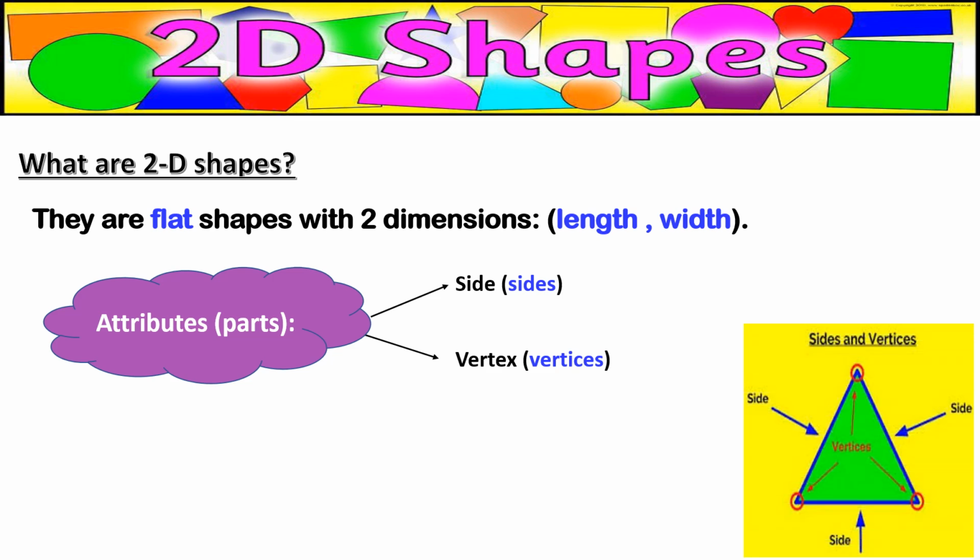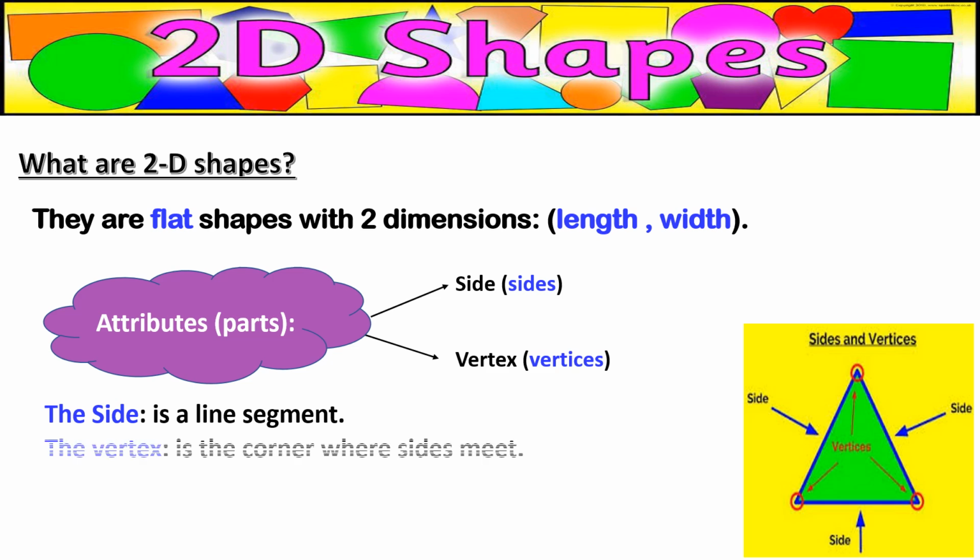Like in this photo, we have a 2D shape with many sides and some vertices. What is the meaning of side? A side is a line segment like this, which is in our photo.